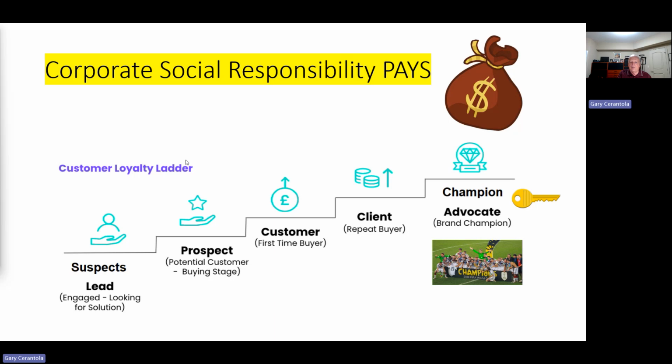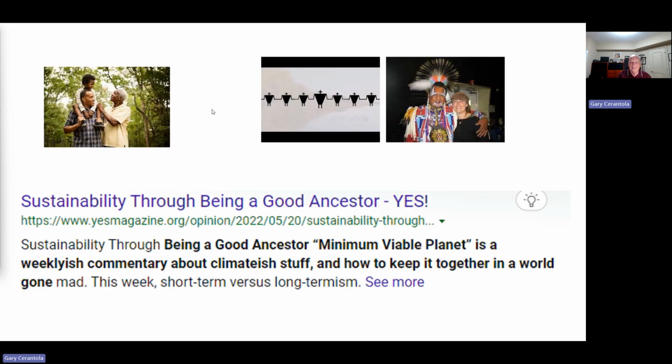And really, if you're looking to take people up the customer loyalty ladder, and this is really the sales process, where you have leads, and then prospects and customers and clients, CSR will definitely make champion advocates, brand champions. So that's a key piece of the benefits of corporate social responsibility. It's not only good, it pays.